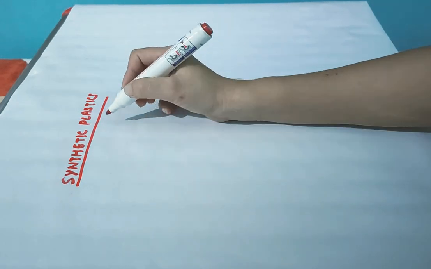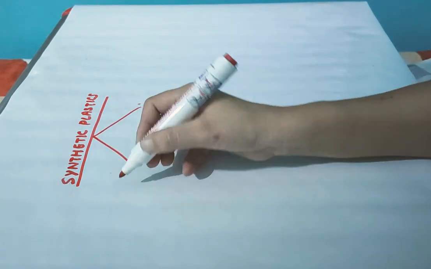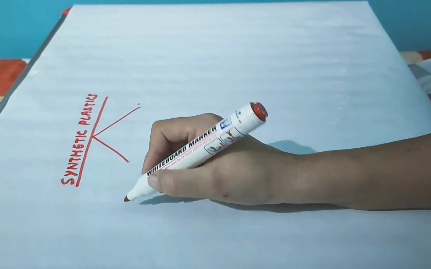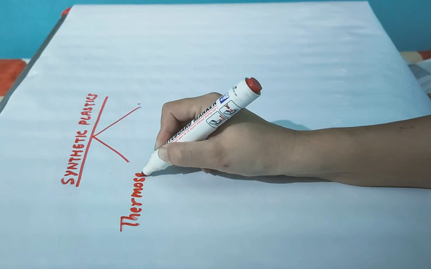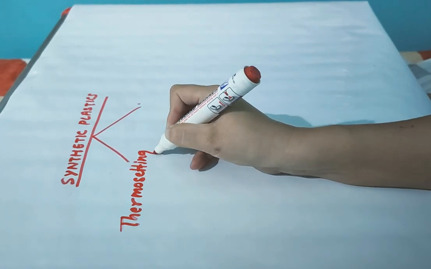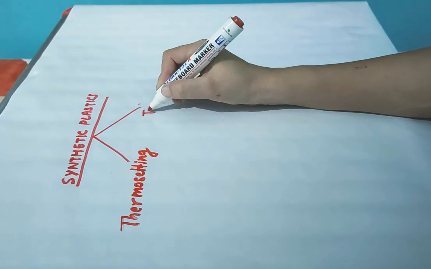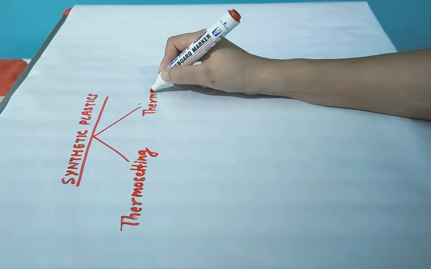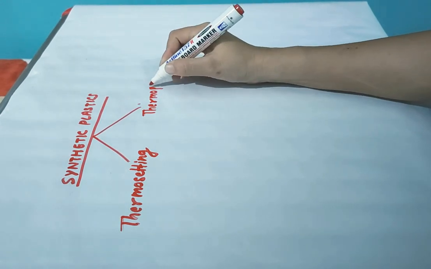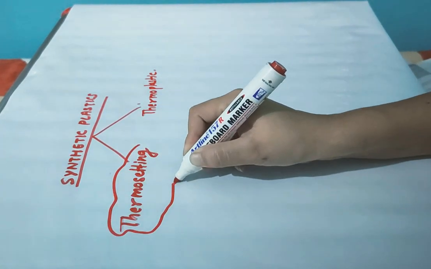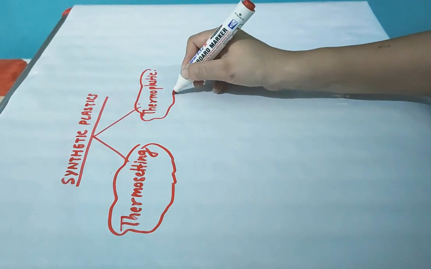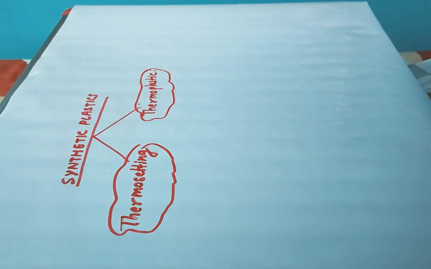There are two types of synthetic plastics. One is thermosetting and another is thermoplastic. These are the two different types of synthetic plastic. So now let us see how they differ.